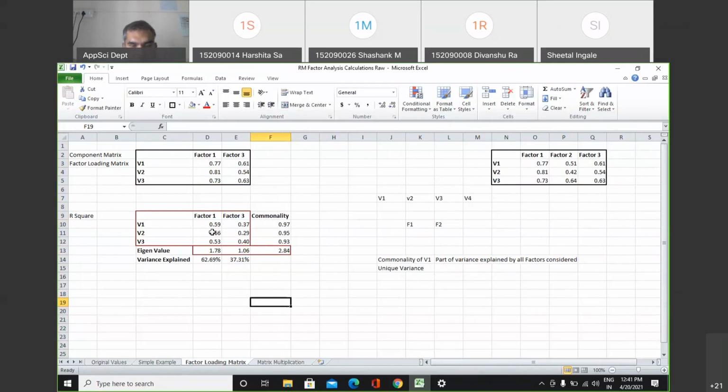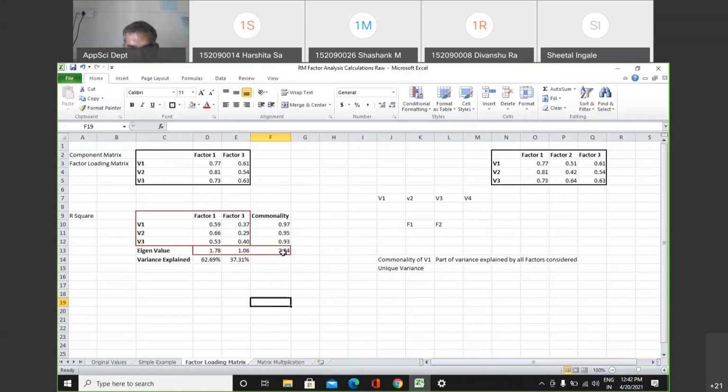So now we have factor 1 and factor 3, which actually rarely happens because the importance decreases in sequence. But in this case, we have got it like this. Eigenvalue was less for factor 2. So variance explained by factor 1 is 62.69.